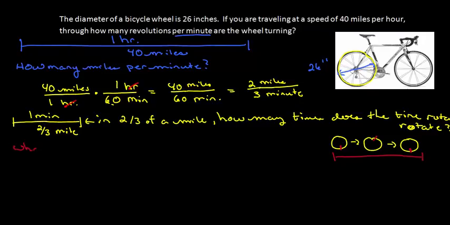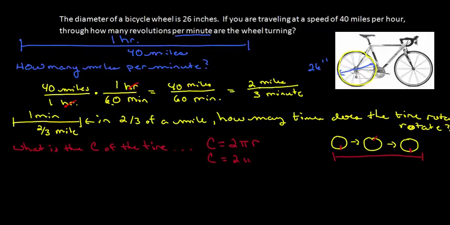So what is the circumference of the tire? To figure that out, we know circumference is equal to 2 times pi times the radius. Here the radius, don't put 26, the radius is 13.